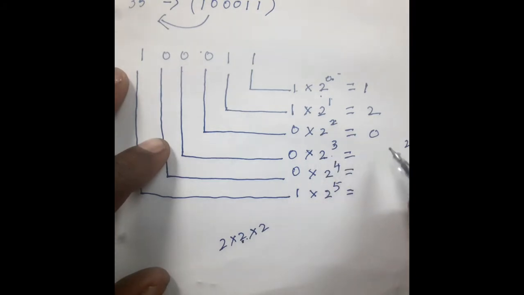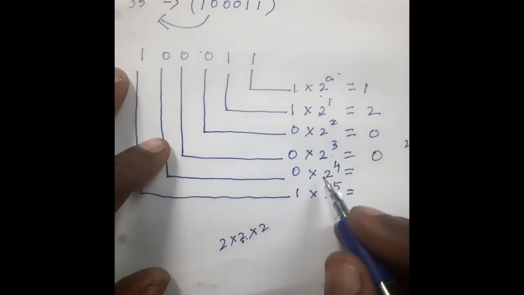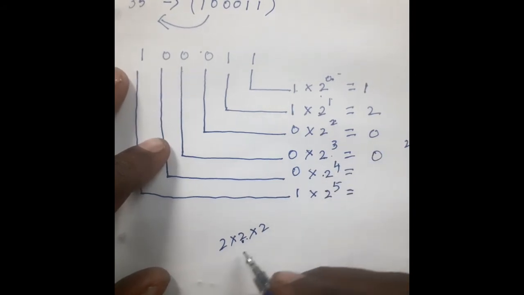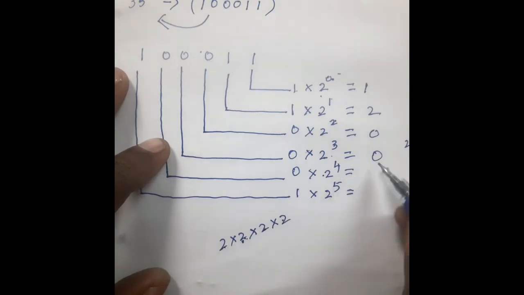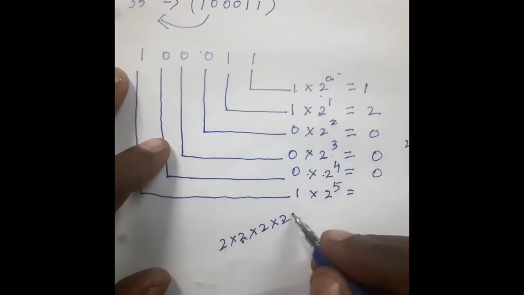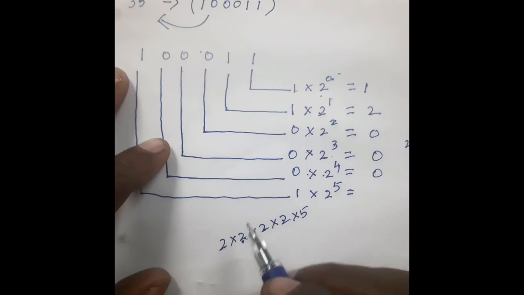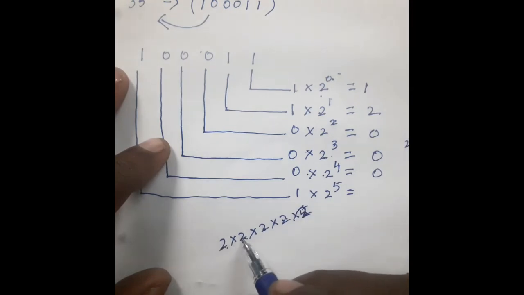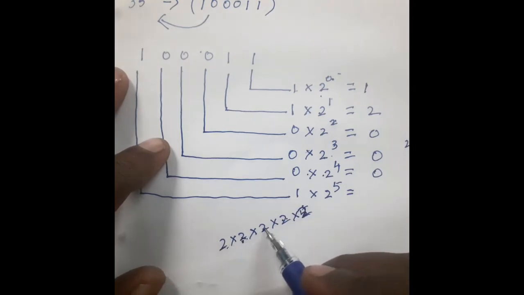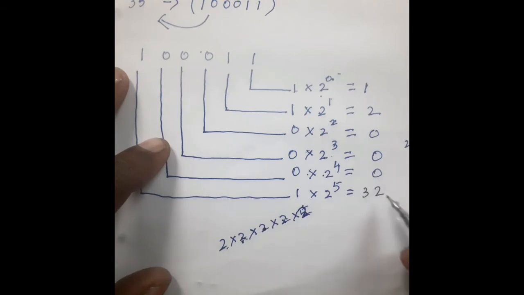8 into 0, 0. 2 to the power of 4: 2 2s are 4, 4 2s are 8, 8 2s are 16. 16 into 0, 0. Then 2 to the power of 5: 2 multiplied 5 times, 1, 2, 3, 4, 5. 2 2s are 4, 4 2s are 8, 8 2s are 16, 16 2s are 32.